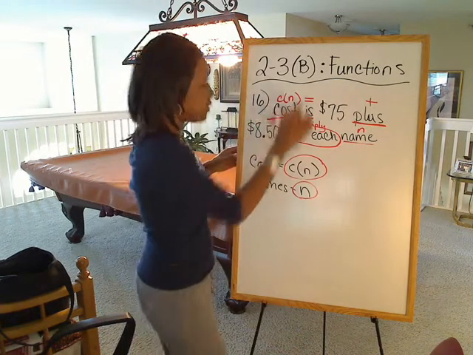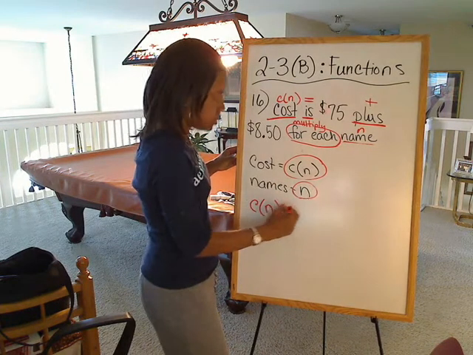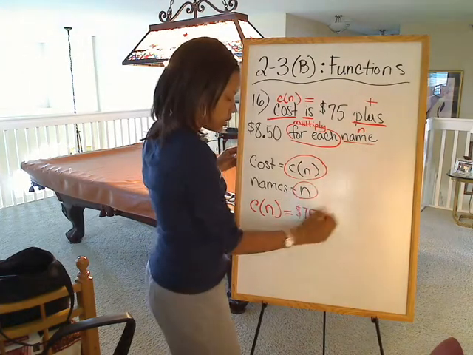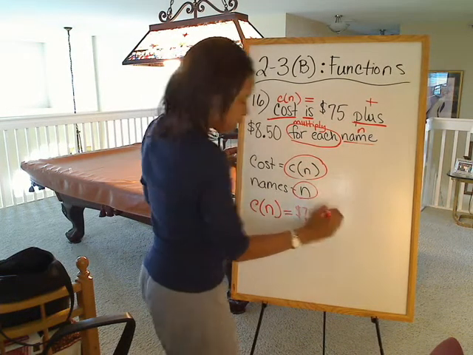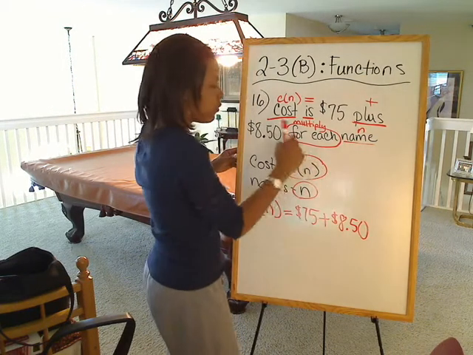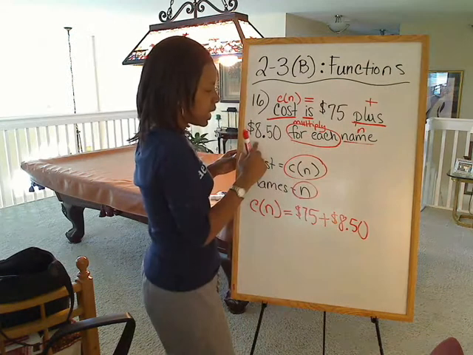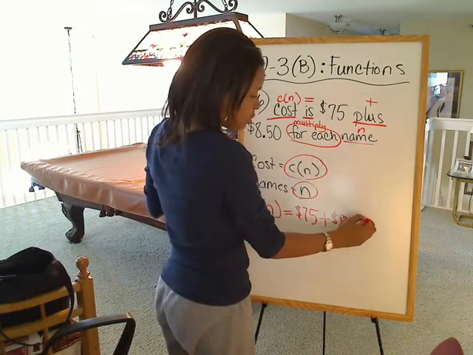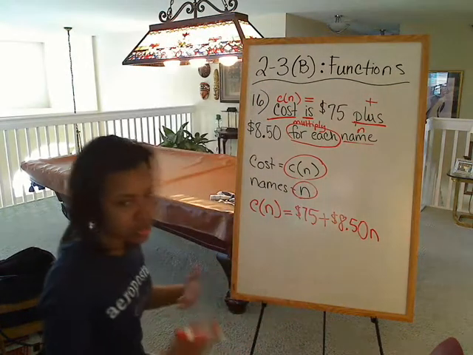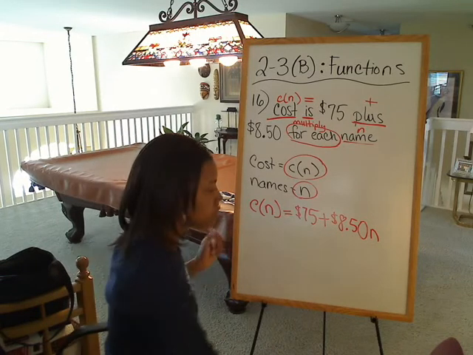Okay, so let's see what we have here. We have C of n equals $75 plus $8.50 for each, multiply, name. So you need to multiply 8.50 times n, which is just 8.50n. You don't have to write a multiplication sign in between them. Whenever there's a number and a variable next to each other, that just means multiply.